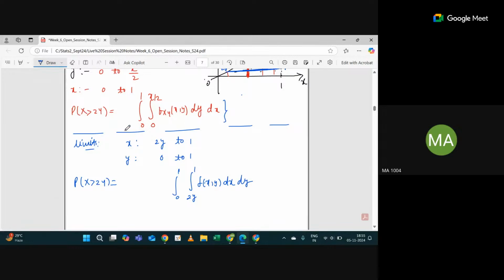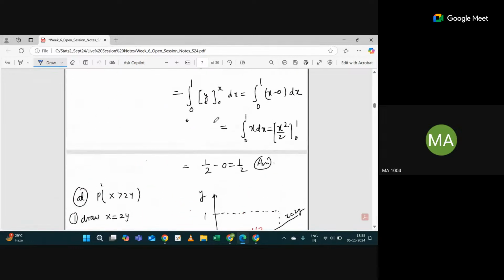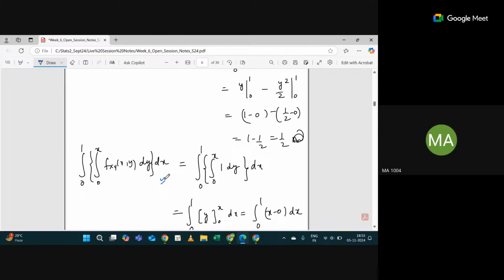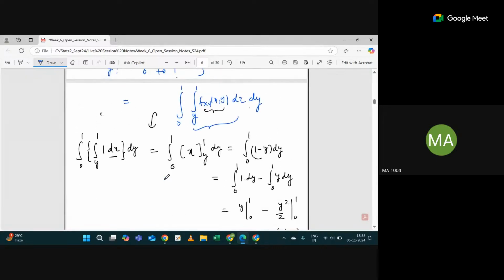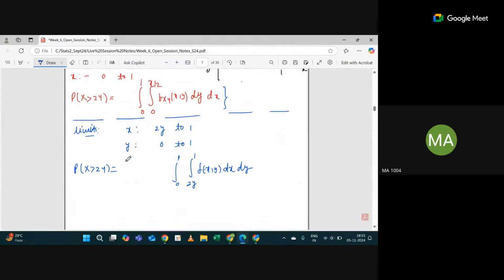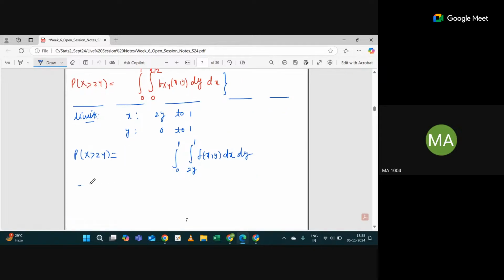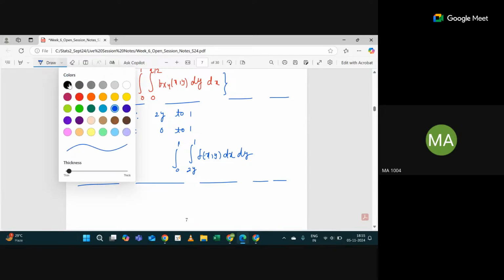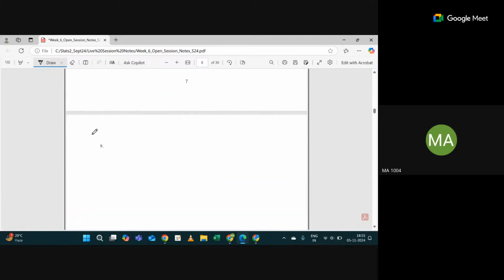In the previous problem, I solved both approaches: with respect to y first and then x, and with respect to x first and then y. In both ways we got the same answer. For this problem, I will take any one. You can cross check; both ways you will get the same answer. Just for saving time, I will go with this.